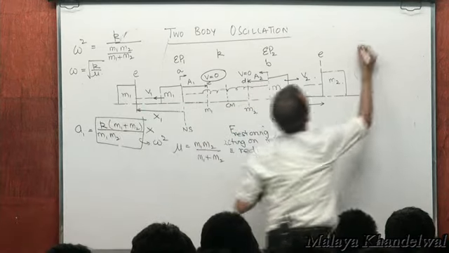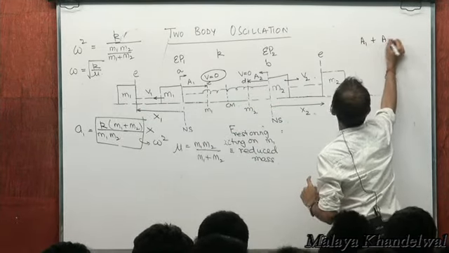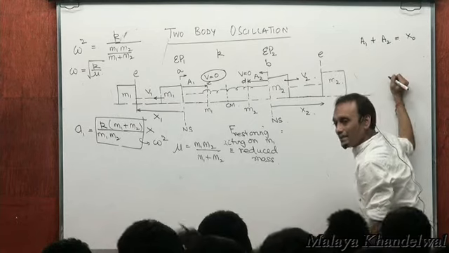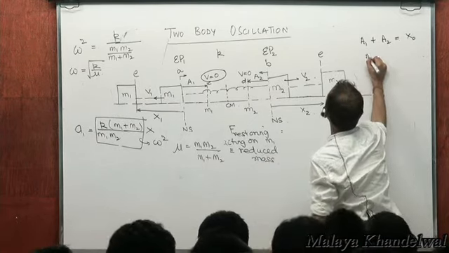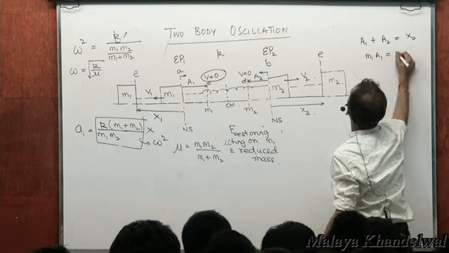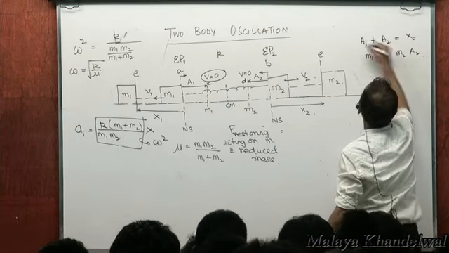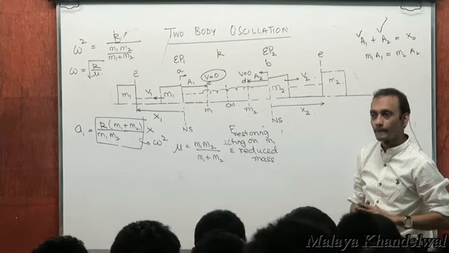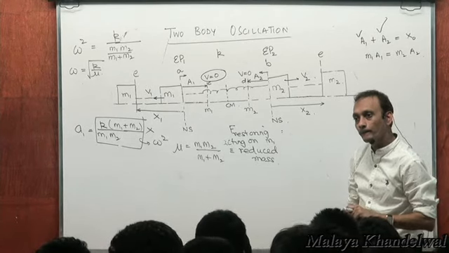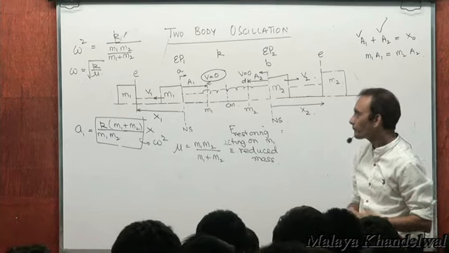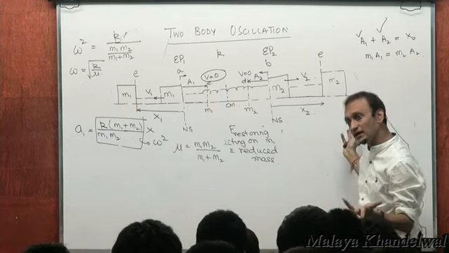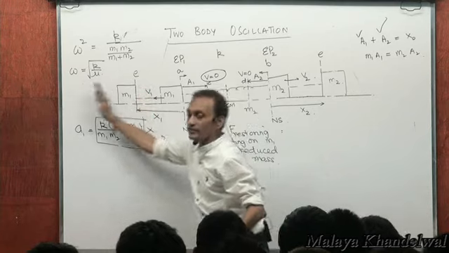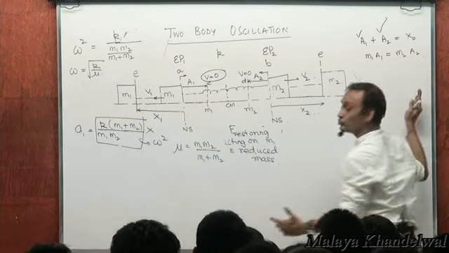And A1 plus A2 together was the total compression, where to preserve the center of mass we must have had M1 A1 equal to M2 A2. So I can solve for the amplitudes A1 and A2. Eventually, yes, that will happen. It has to go A1 units here and it has to go A2 units there.